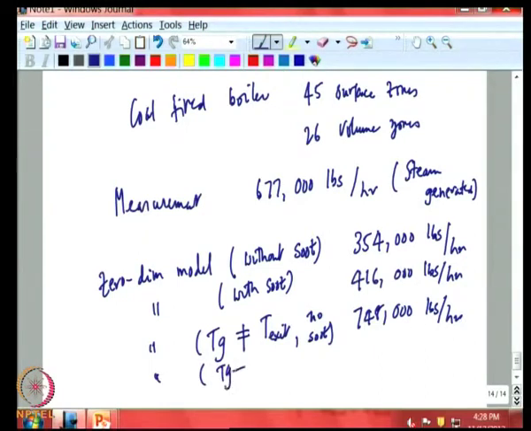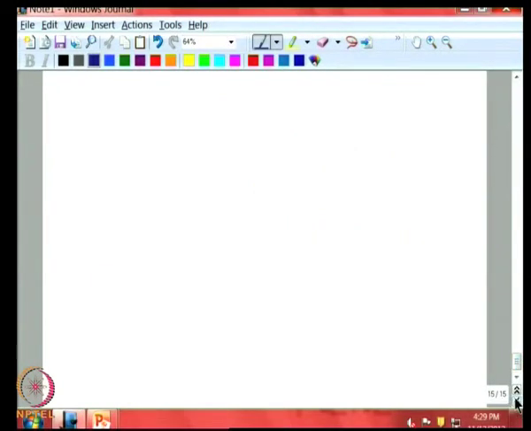And then you also account for exit temperature not being equal to gas temperature and include soot, the number goes even higher. So, quite clearly the 0 dimension model either severely underestimates the steam generation, or it severely overestimates the steam generation. So, that means we need more.